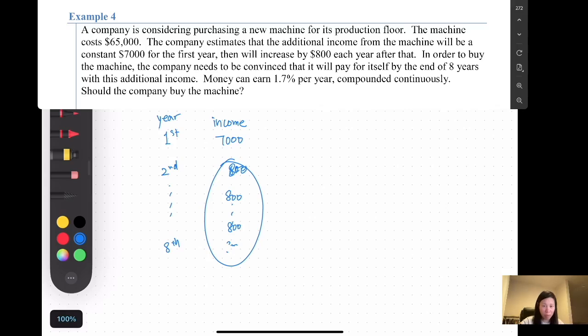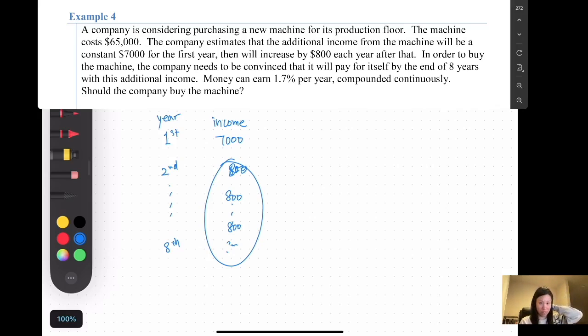So the first step is I want to figure out what the income function looks like starting from the second year to the 8th year. I shouldn't say starting from the second year. It's more accurate to say starting from the end of the first year to the 8th year.